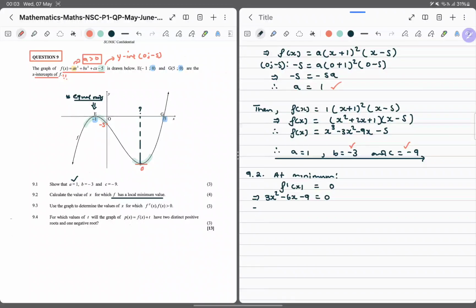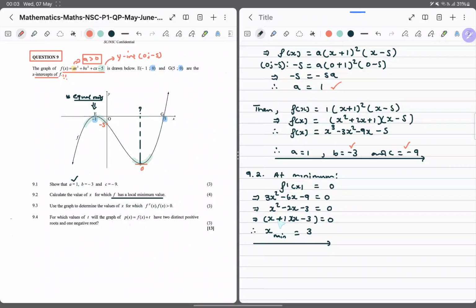And then 3 is a common factor, so we get x squared minus 2x minus 3 equal to 0. We can factorize the business here. So this is x minus 3 times x plus 1. So we can say therefore x at a minimum is going to be equal to 3.